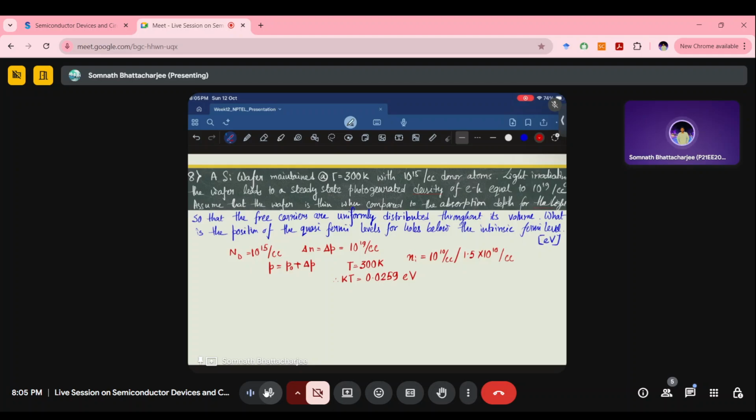Let's try to do it for two cases as well. For case 1 and case 2, as they have not given Ni in the equation, for the first time put 10 to the power 10, and for the second case put 1.5 into 10 to the power 10.